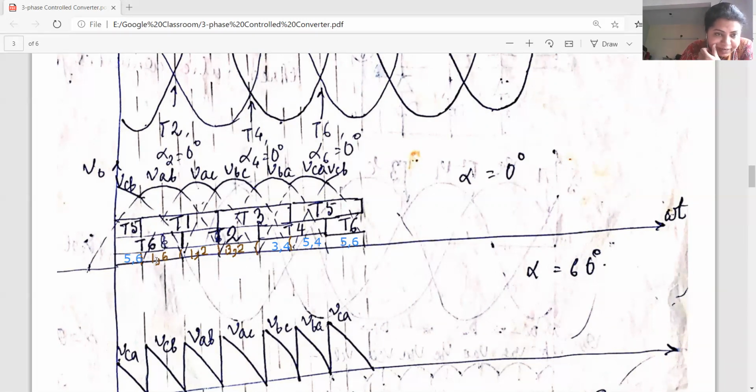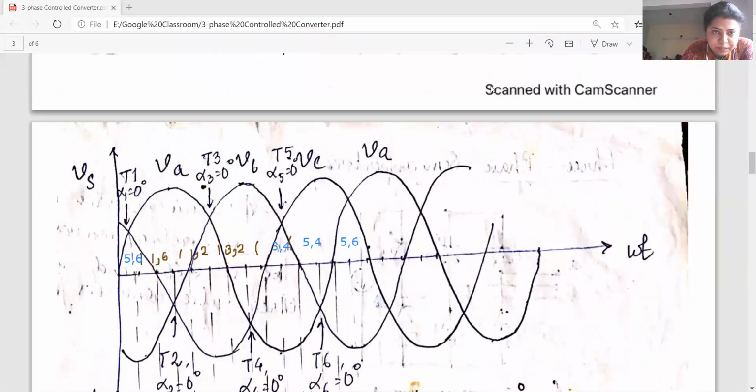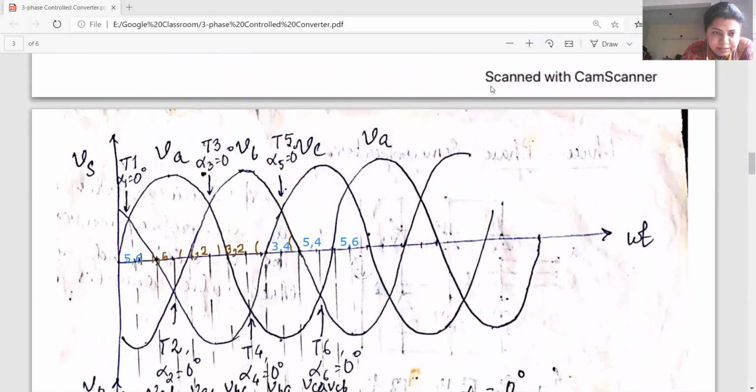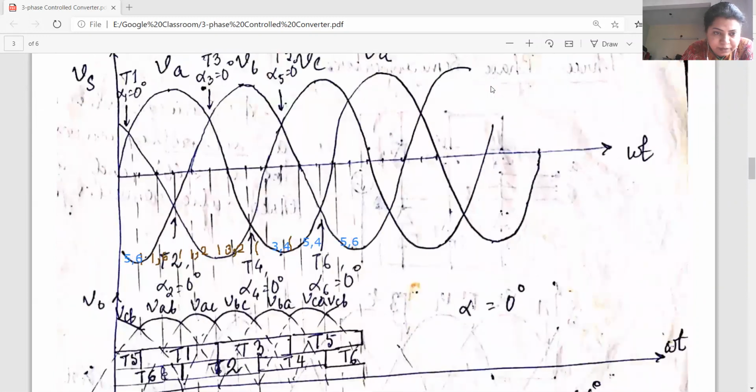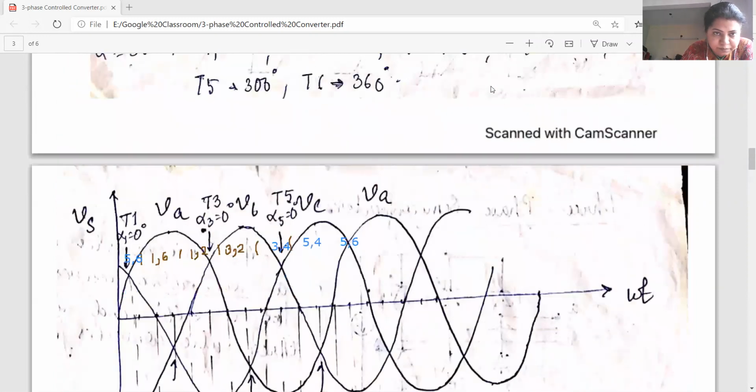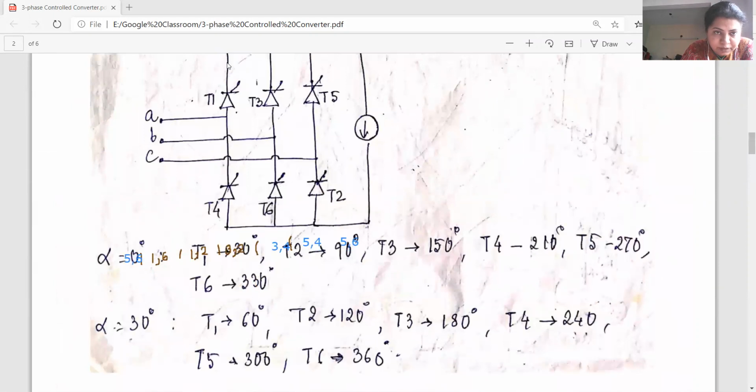Now, if 1 and 6 simultaneously conduct, what will be the output voltage? See, 1 is conducting here and 6 is also conducting. The voltage across the output will be VAB.